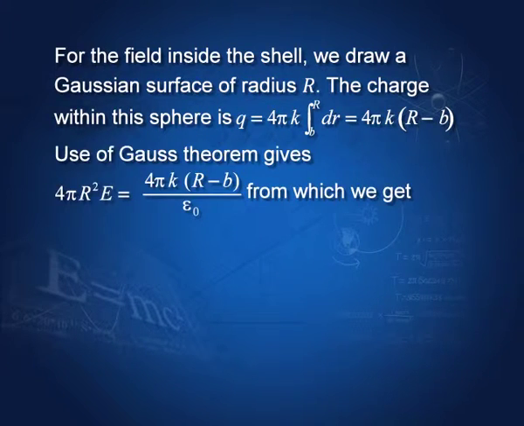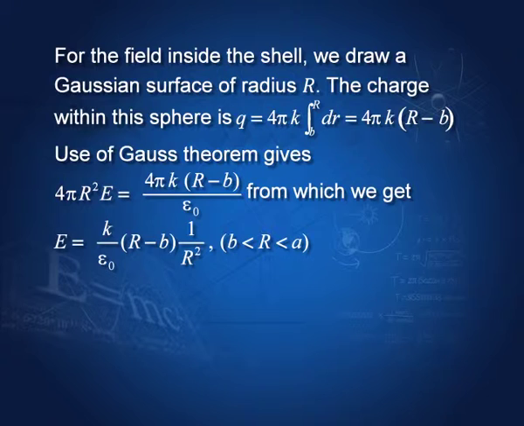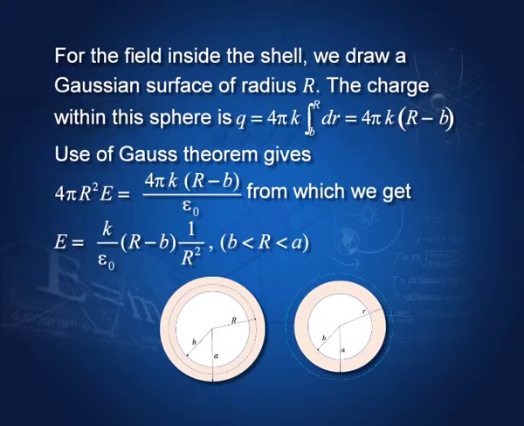Using Gauss theorem now, 4 pi r squared times E is equal to this charge, which we have just found, divided by epsilon 0, from which we get E is equal to k by epsilon 0 into r minus b by r squared for a point between b and a, that is inside this thick shell. So, that is the field, and you can see that if you make r equal to a, then we will get the same result as we did earlier.